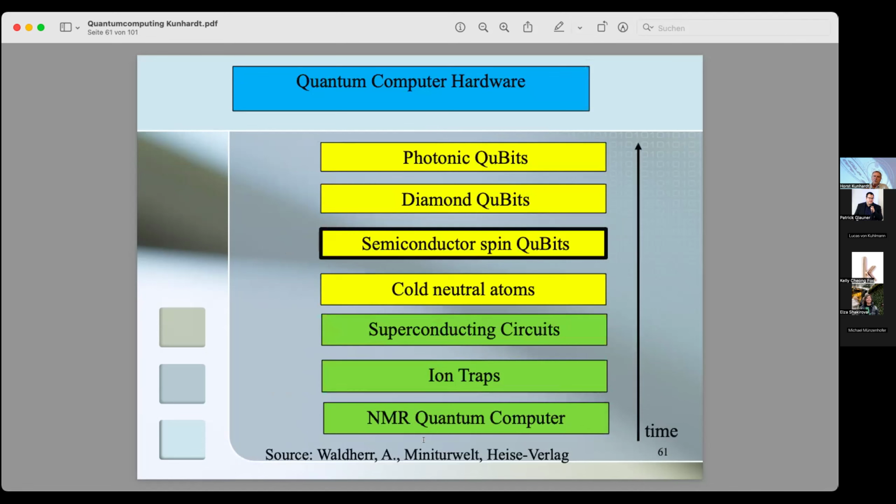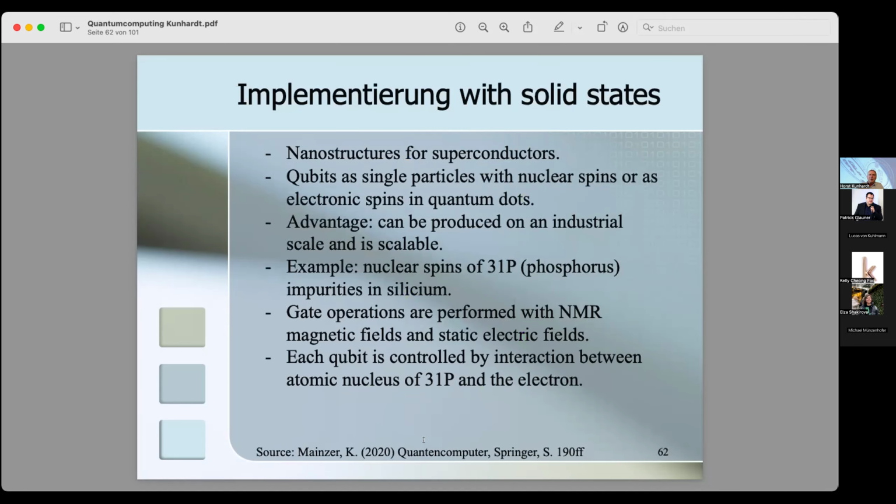Another promising approach is semiconductor spin qubits. Semiconductor spin qubits are a very well-known and established technology that is used in classical computing as well. So, but we are going more to the nanostructures of these semiconductors. The qubits are realized as single particles with a specific nuclear spin.